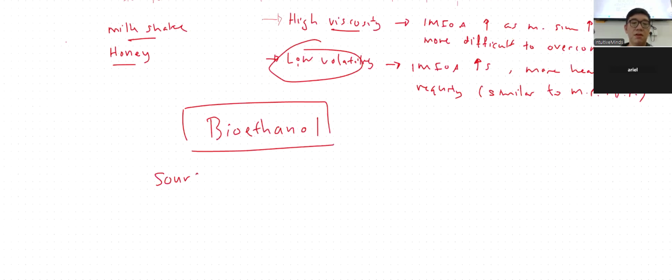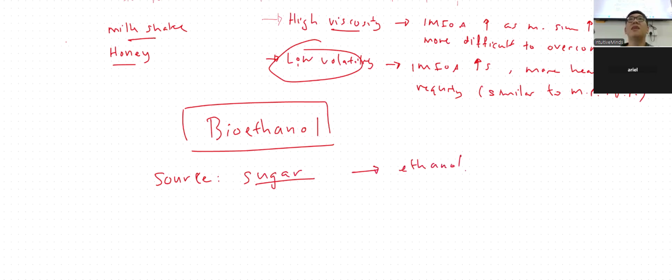From biofuel, such as plants or animals? It starts with S. Sugar. Okay, from sugar you can get ethanol.